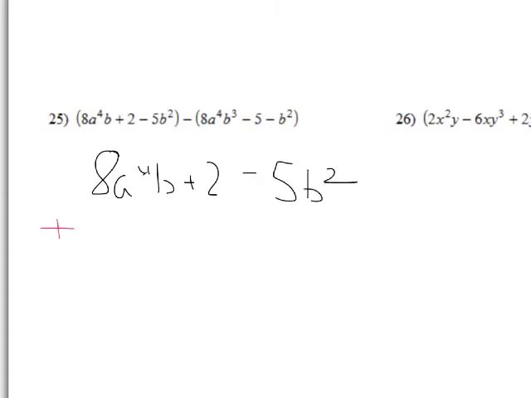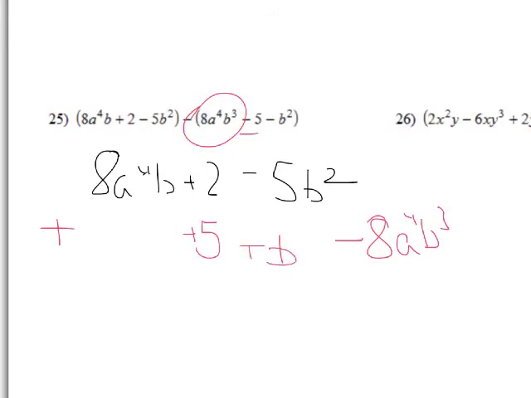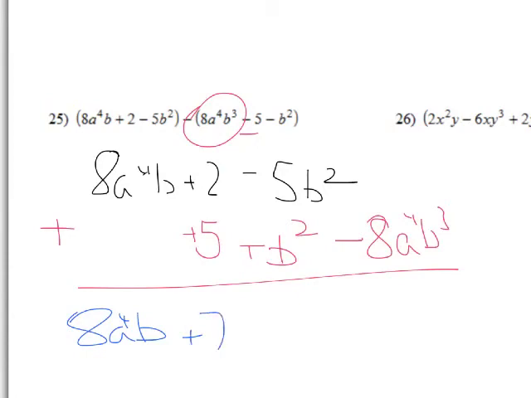I'm going to add the inverse. There is no like term here, so I'm going to put the inverse here. And this goes here, and it's a positive 5 because it's the inverse, and a positive b squared, so that your final answer will be 8a to the 4th b plus 7 minus 4b squared minus 8a to the 4th b to the 3rd.